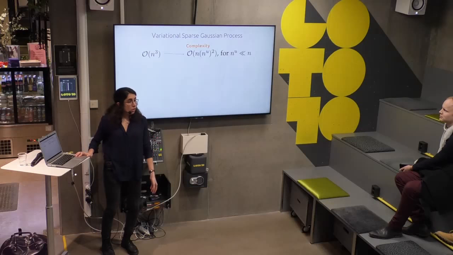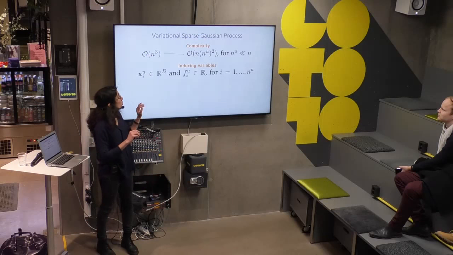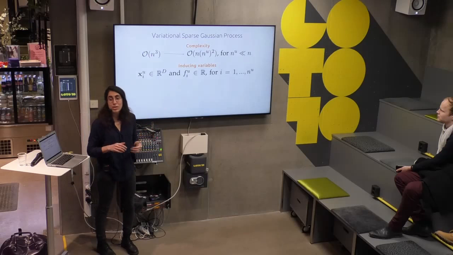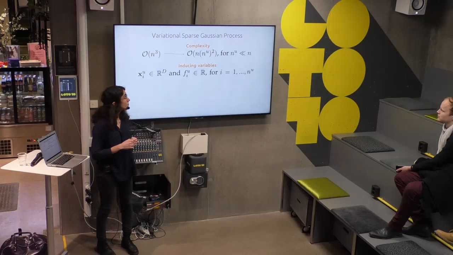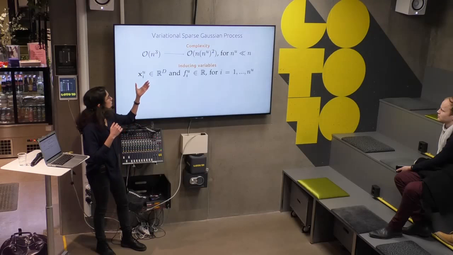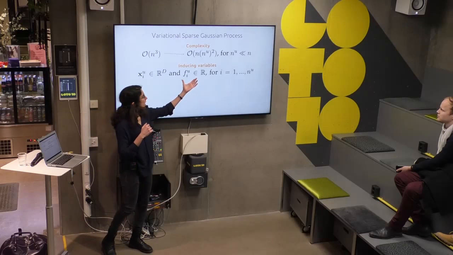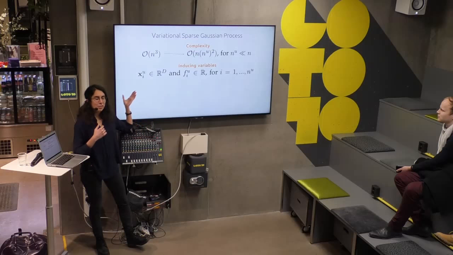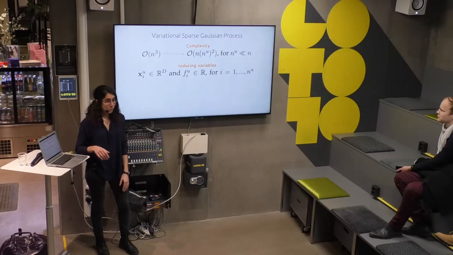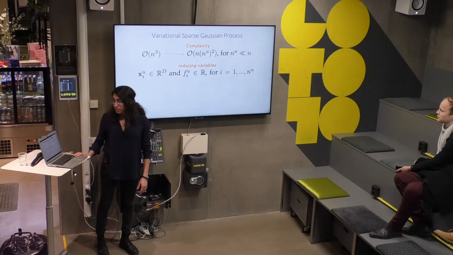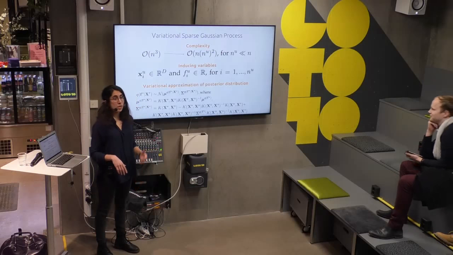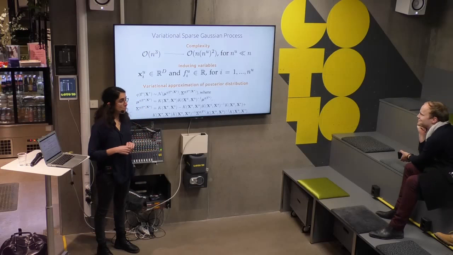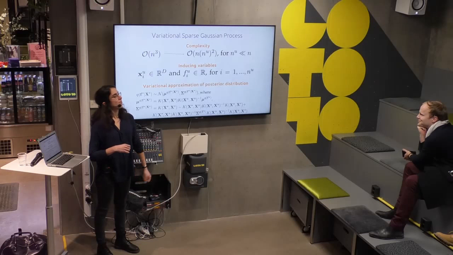Basically, this is going to be much smaller than our n, and these are going to be new variables that we are going to add to our modeling. Okay, so what are these inducing variables? We have some inputs, x, and we also have the corresponding outputs, f. So we have both inducing inputs and inducing outputs that we are going to introduce. Okay? It turns out that these inducing inputs will need to be optimized. They are going to be part of our optimization procedure that I will explain later on.